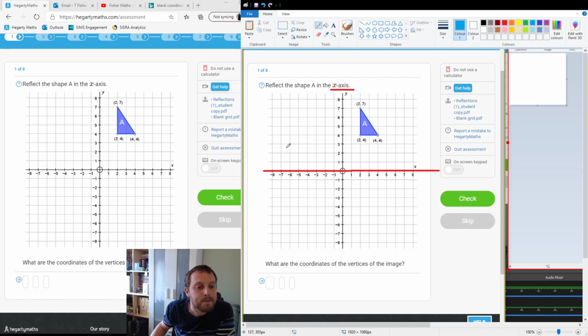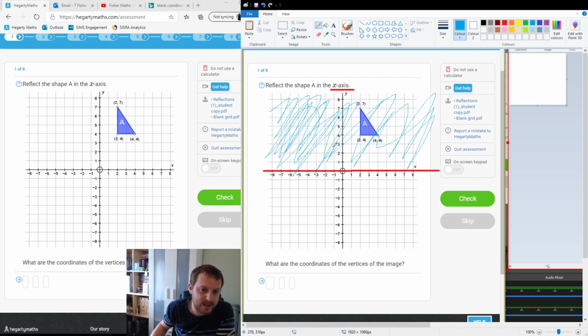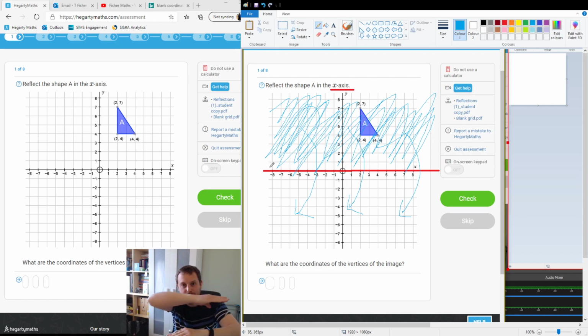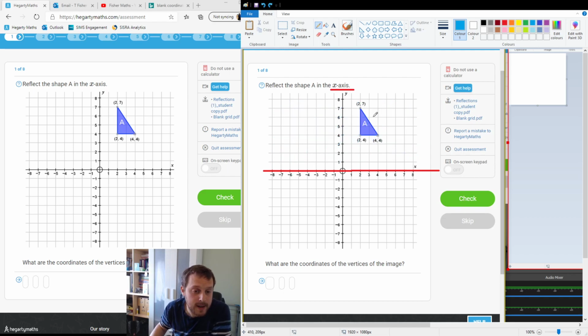So basically, whatever's up here, I'll obviously get rid of this scribble in just a second. Whatever's up here is going to flip down here. It's going to flip through the mirror line, and it's going to flip and basically be backwards, just like a mirror, right? So, for example, let's look at this corner.